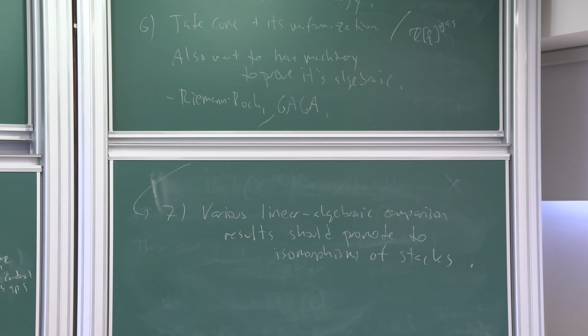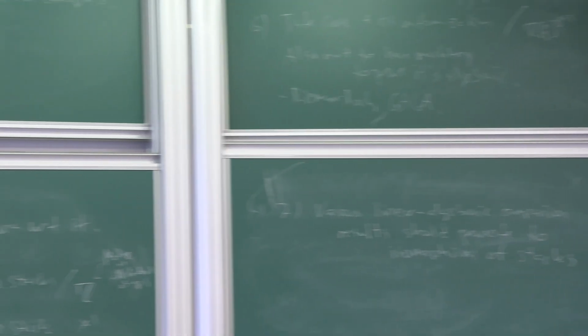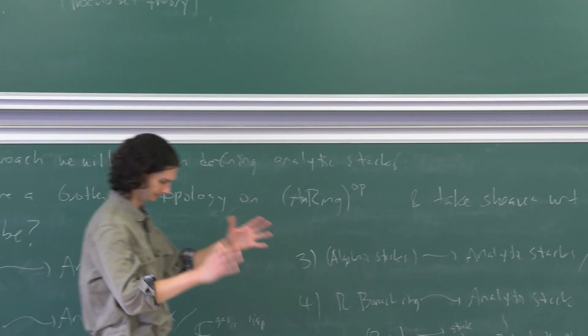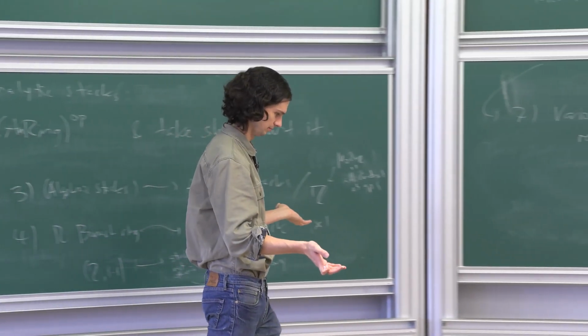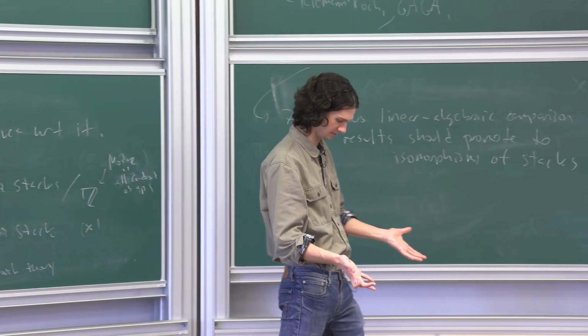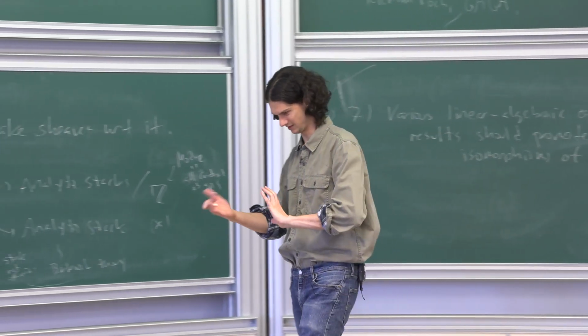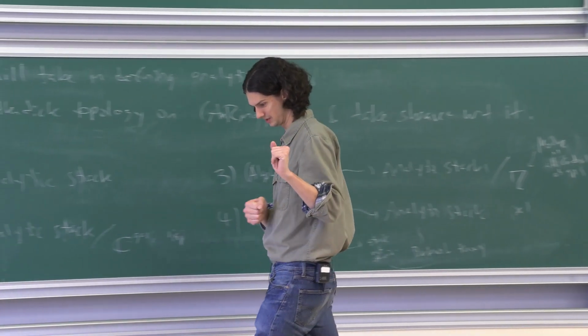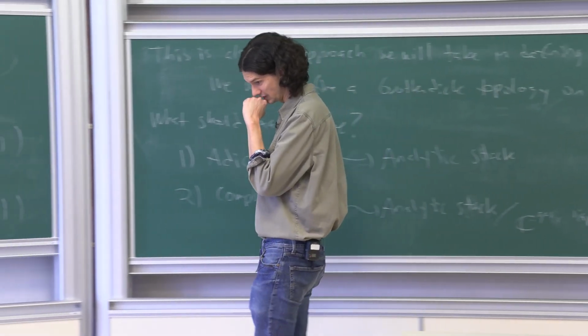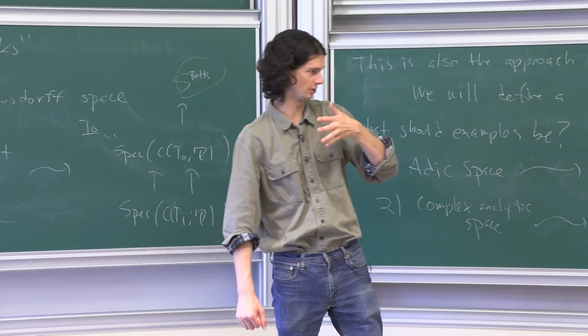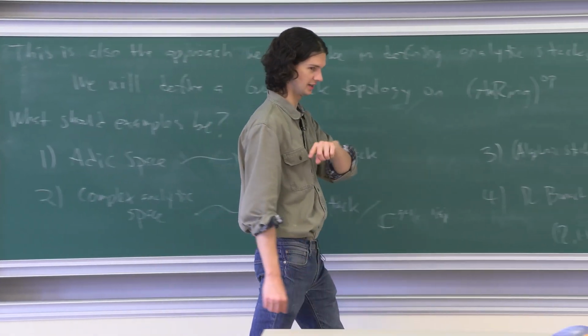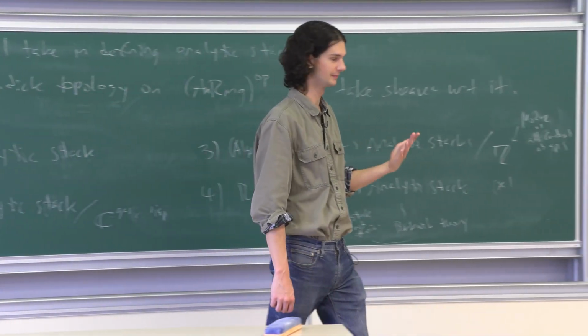So GAGA is one such. GAGA is a general principle which applies in different contexts. But for example, in the world of complex analytic spaces, it says that if you have a proper algebraic variety over the complex numbers, so it has an analytification which is compact, then coherent sheaves and their cohomology in the algebraic and in the analytic sense agree.